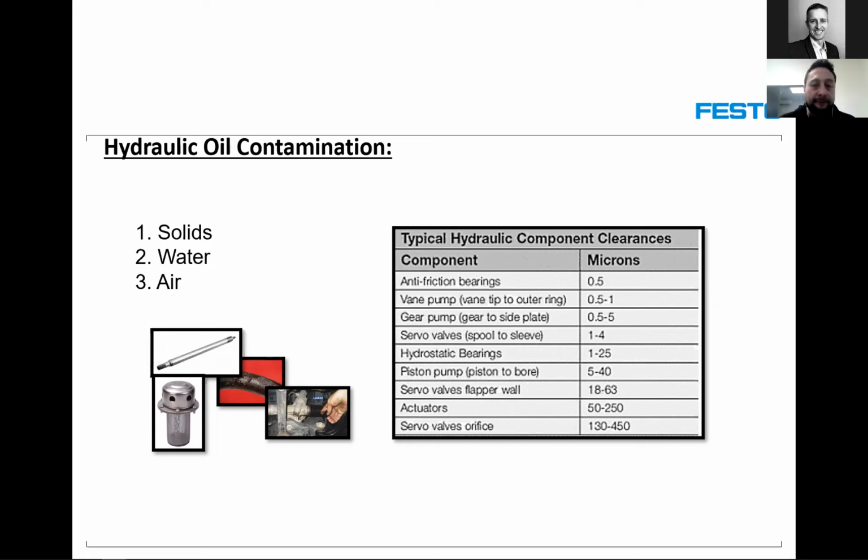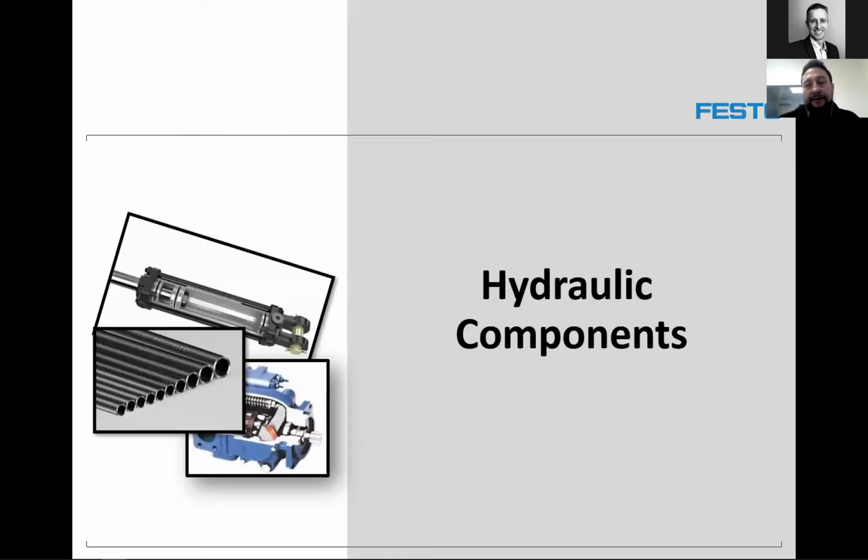Especially when we go into building little circuits on the basic course, we will keep in mind how to circulate oil to make sure that it stays uncontaminated by these three things.